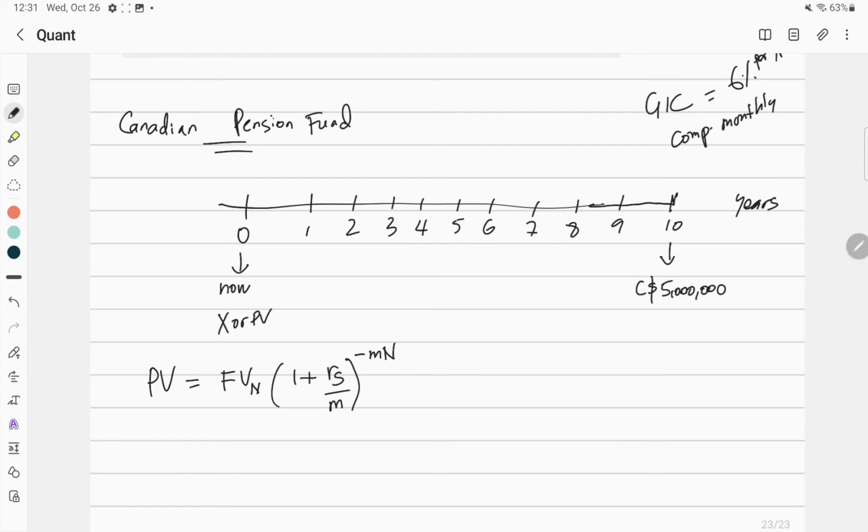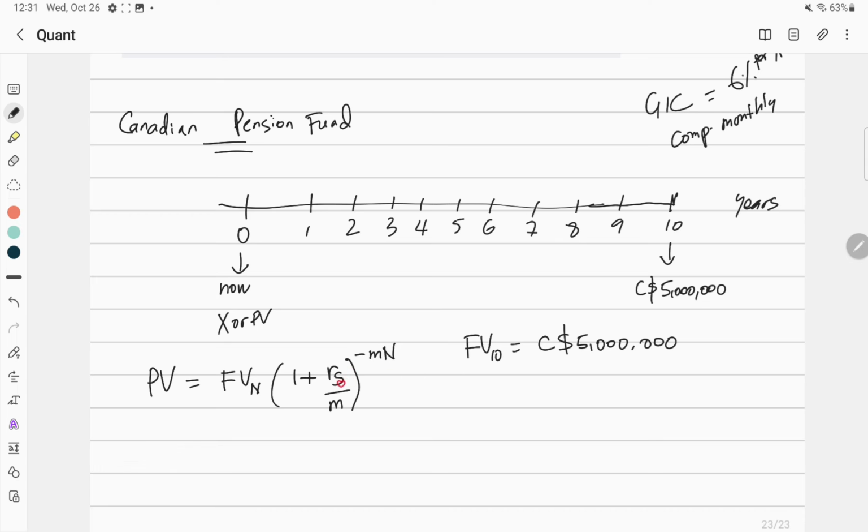So what are these values? The future value is 5 million Canadian dollars. Instead of n here, we can just say 10 because we know n is 10 years.